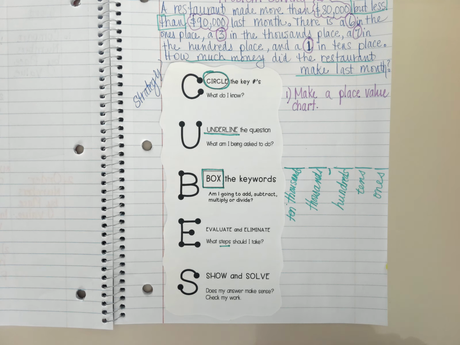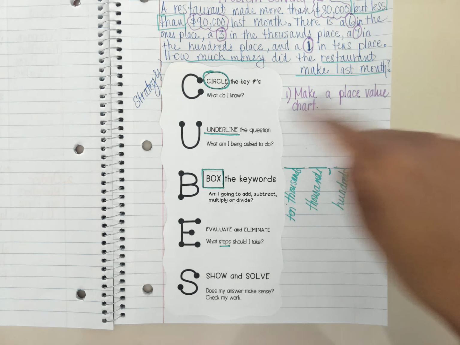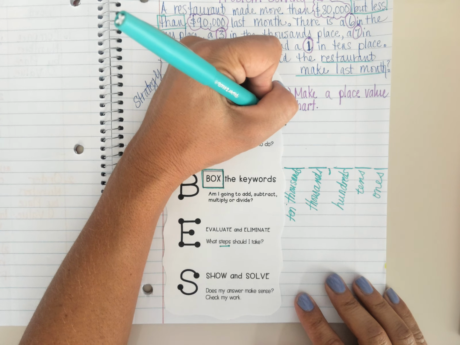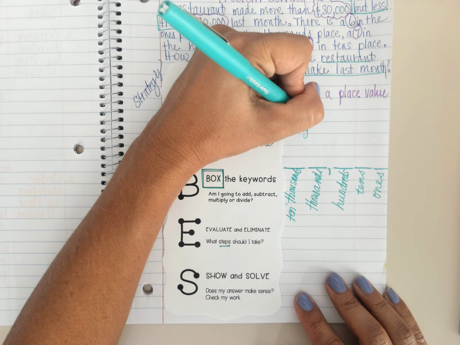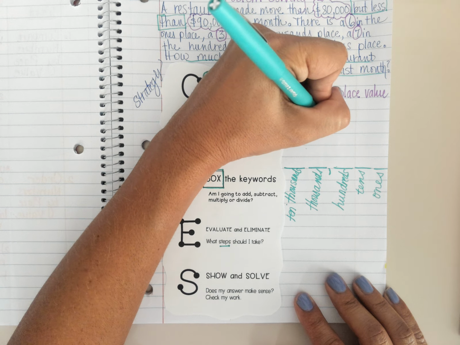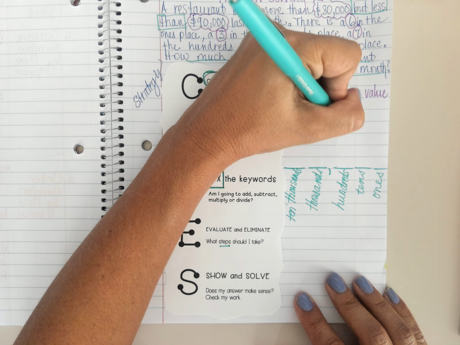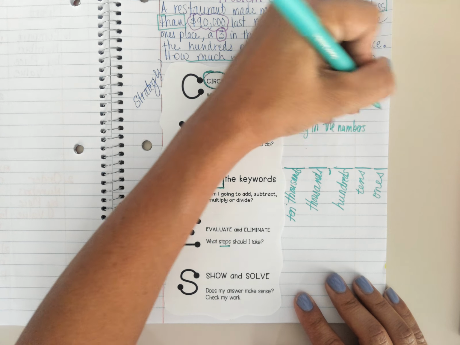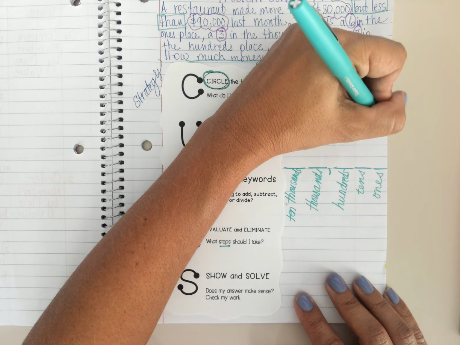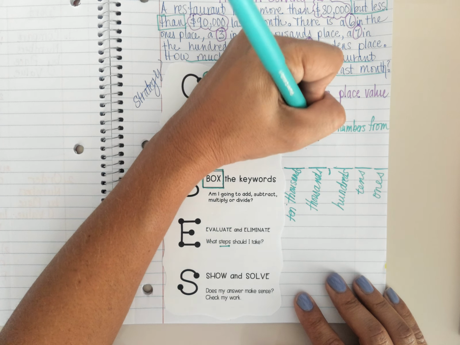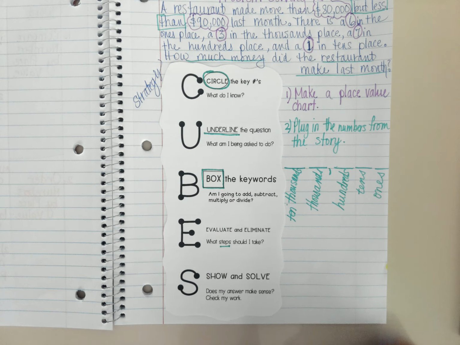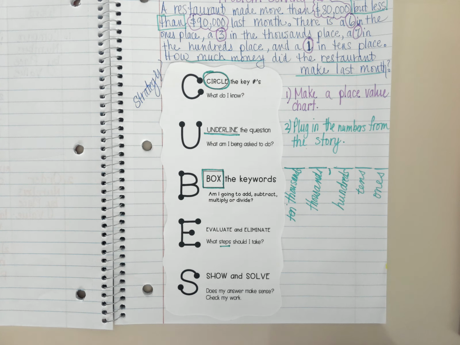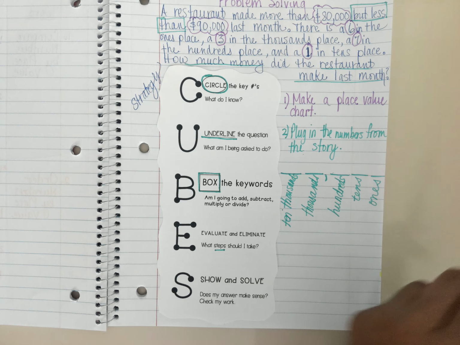Okay, then I am going to plug in the numbers from the story into that place value chart. So I called it a story or a word problem. Either one works. And then here's the fun part.